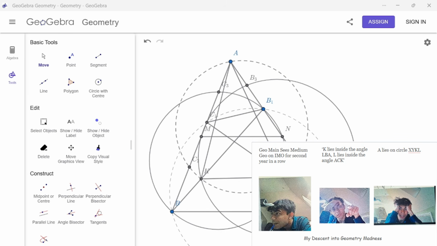Honestly, for me this is comparable to 2021 IMO P3. At least for me, in terms of difficulty. If you know inversion, I'd say this problem and 2021 IMO P3 are the same difficulty.